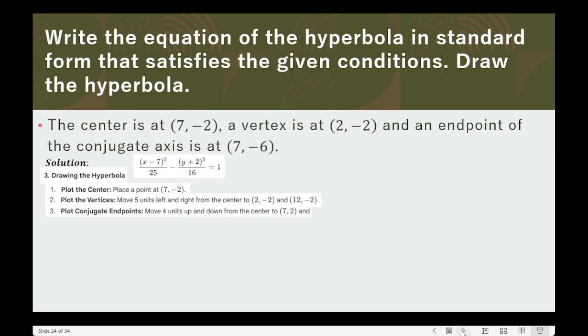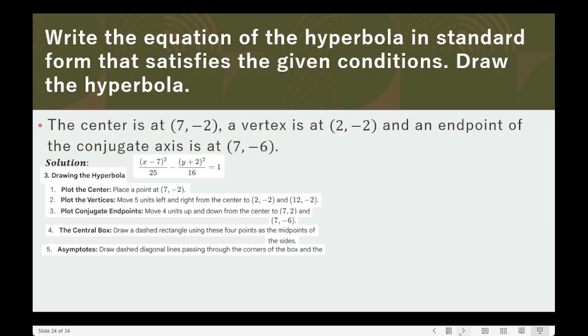Plot the conjugate axis, so we move 4 units up and down from the center. Those are the points (7, 2) and (7, -6). Then draw the central box or the auxiliary rectangle passing through these plotted points.